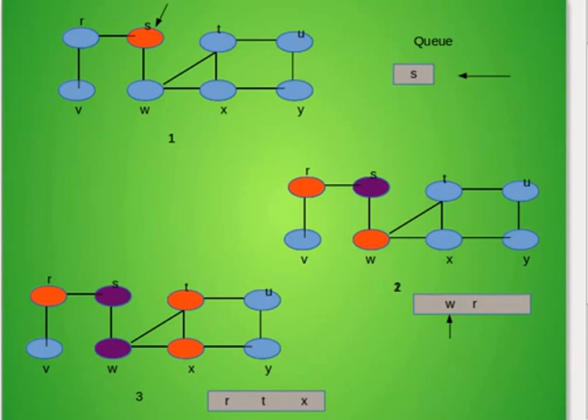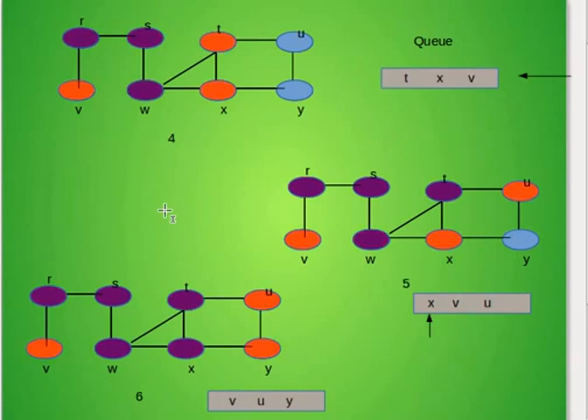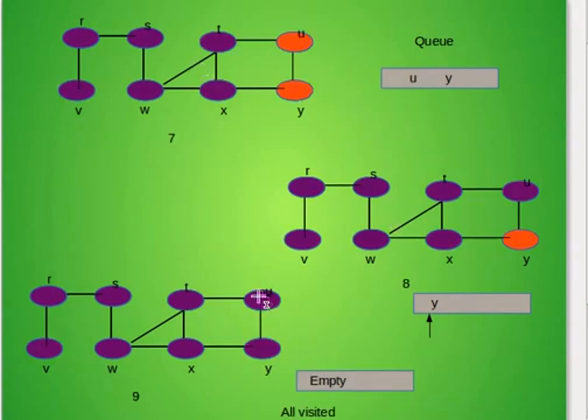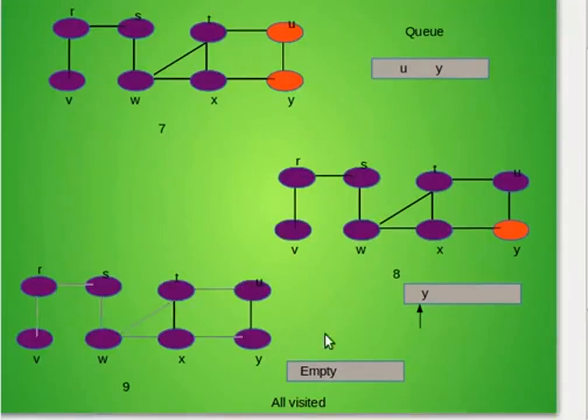Then, I think all these are pretty much self-explanatory. Do the same steps. Once your queue is empty, it means that all the vertices are explored successfully, or you can say all the vertices are discovered.